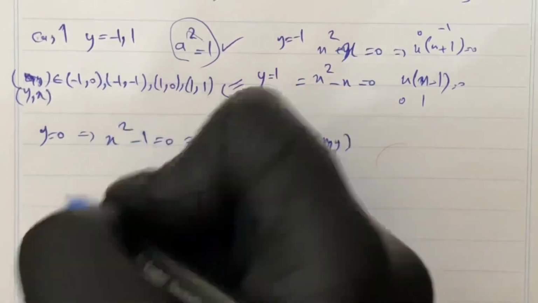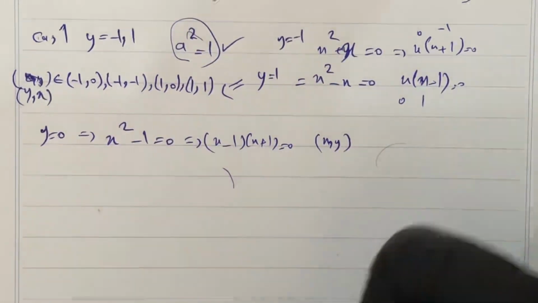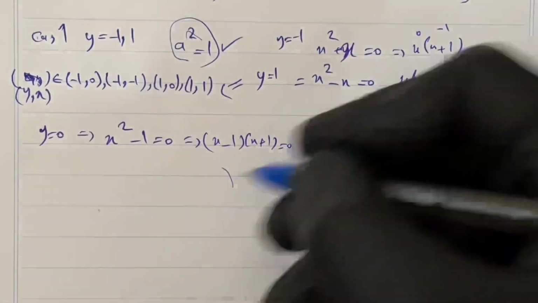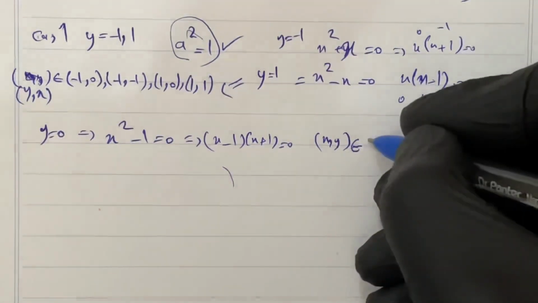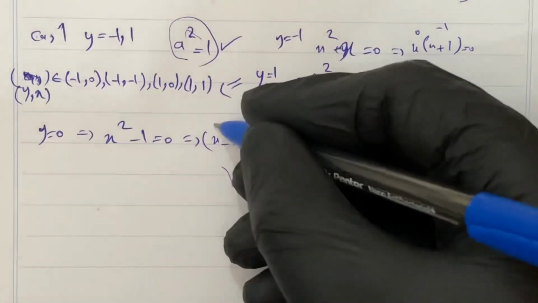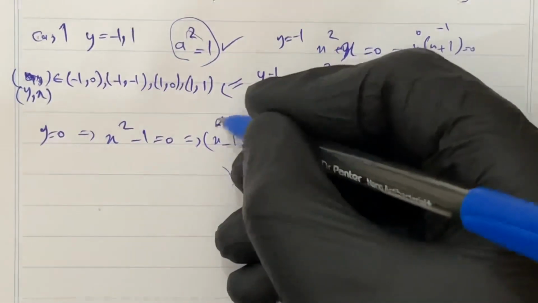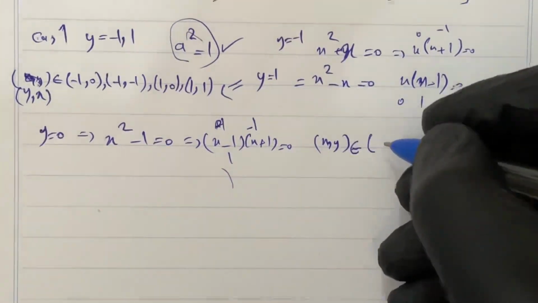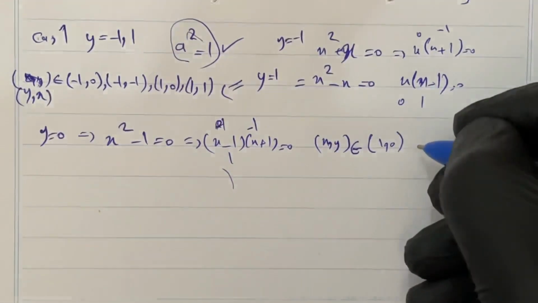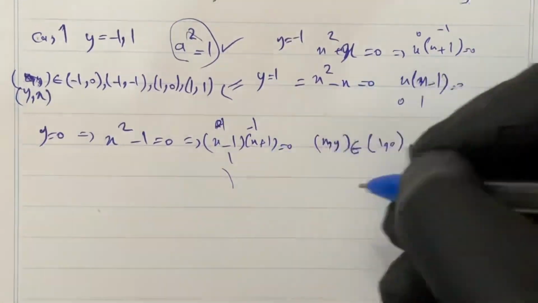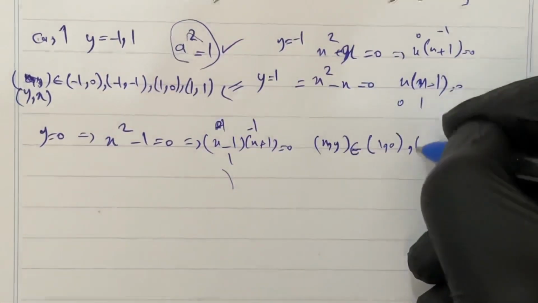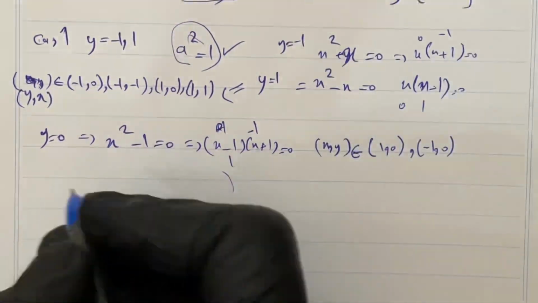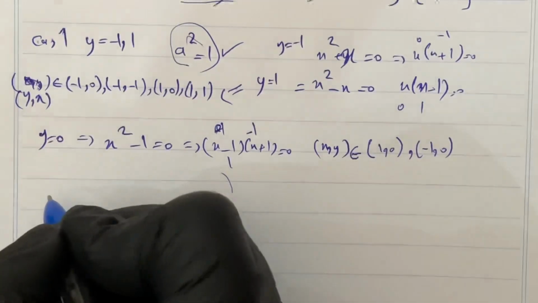So for this case, x is 1 and negative 1, so (x, y) would be (1, 0) and (negative 1, 0). So we found all our answers, and let's sum them up.